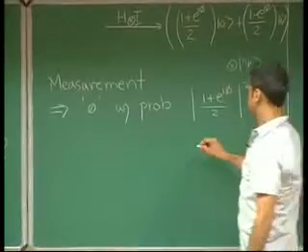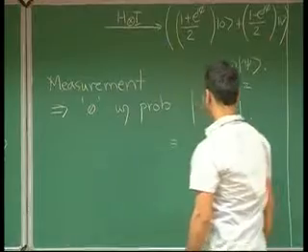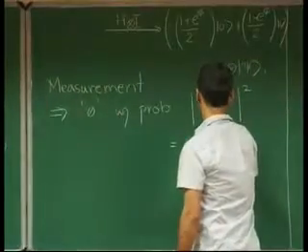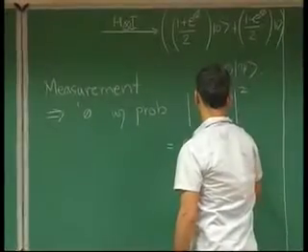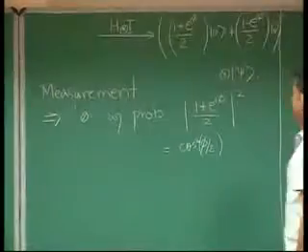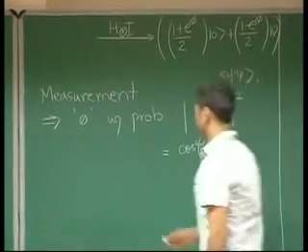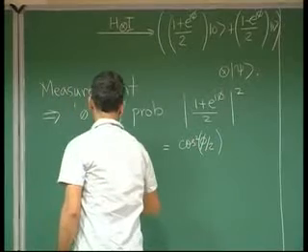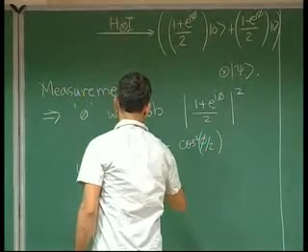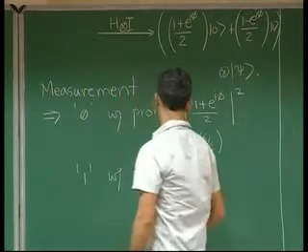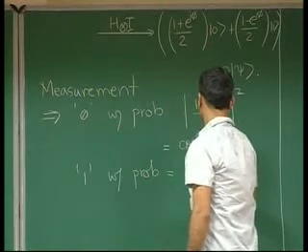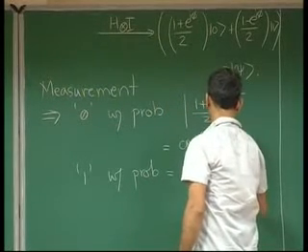If you simplify this, do some algebra, what you get is cosine squared φ/2. Which means that you get 1 with probability equal to sine squared φ/2.